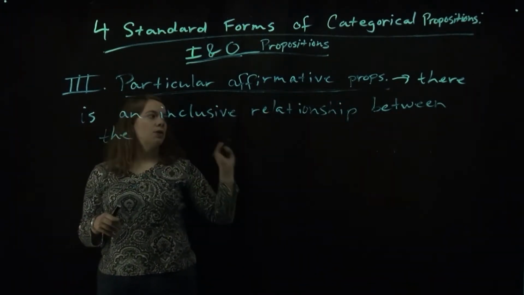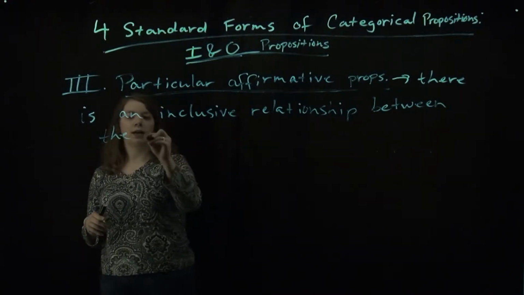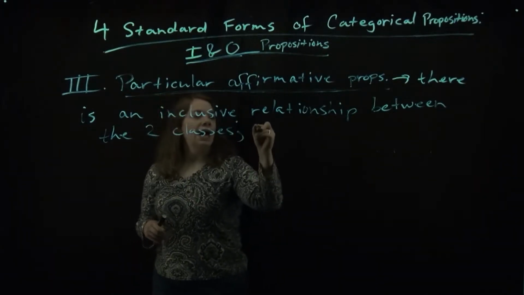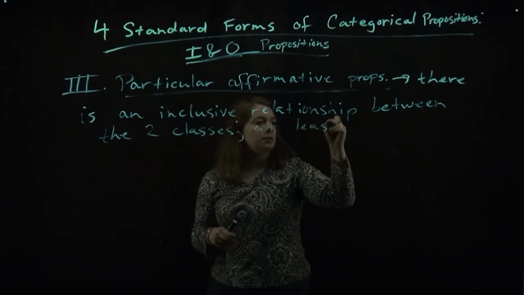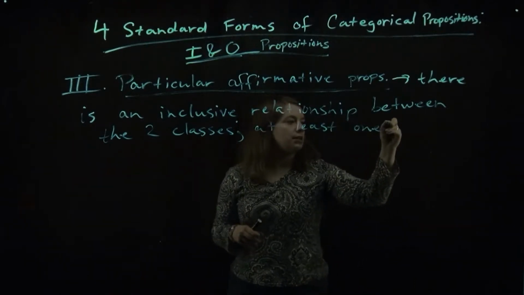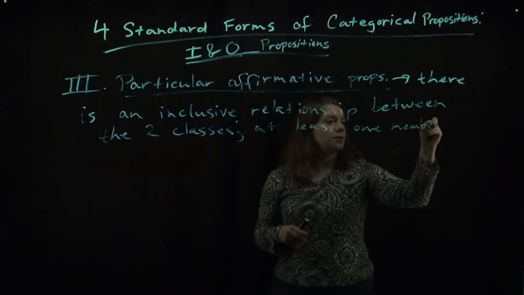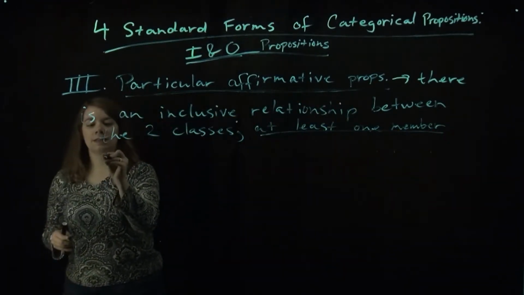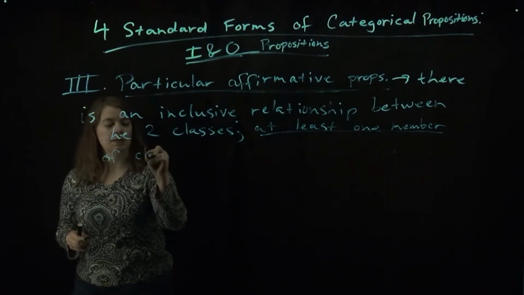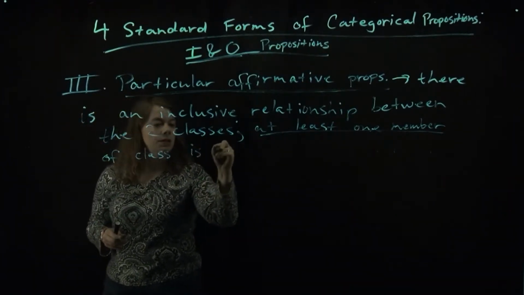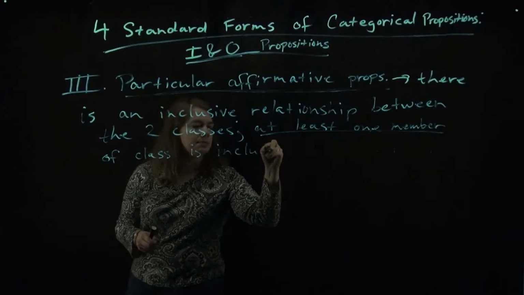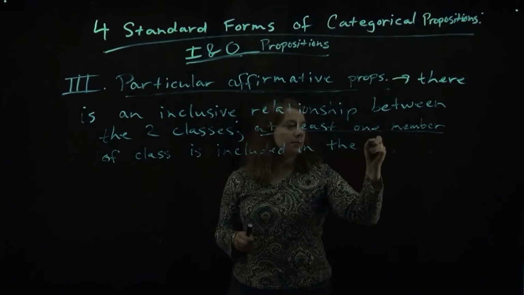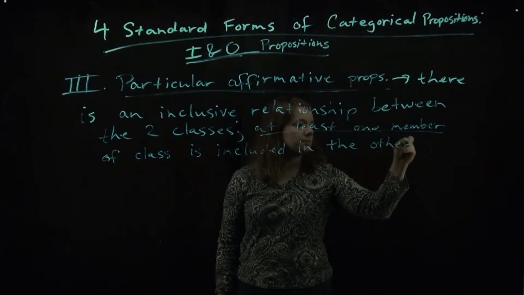What these particular claims are saying then is this, that at least one, that's very important to remember, at least one member of one class is included in the other. Okay?